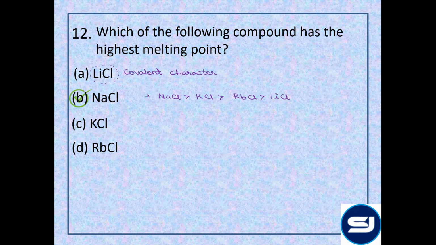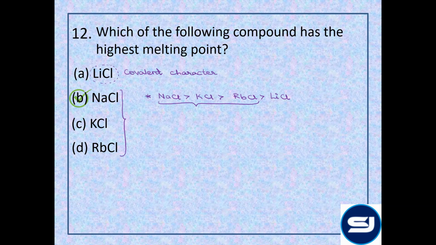अब यहाँ पर आपको कंफ्यूजन हमेशा होगा बिकॉज आप अगर NaCl, KCl, रुबिडियम क्लोराइड को कंपेयर करोगे इन टर्म्स ऑफ मोलर मास, RbCl has a higher molar mass, और हम बोलते हैं कि जितना मोलर मास ज्यादा होगा मेल्टिंग एंड बॉइलिंग पॉइंट उतना ज्यादा होगा, but that is only valid for covalent compounds. Remember, for ionic compounds there is electrostatic force of attraction between the ions, cation and anion. तो जो इलेक्ट्रोस्टैटिक फोर्स ऑफ अट्रैक्शन है वो मोलर मास के ऊपर डिपेंड नहीं करता है.